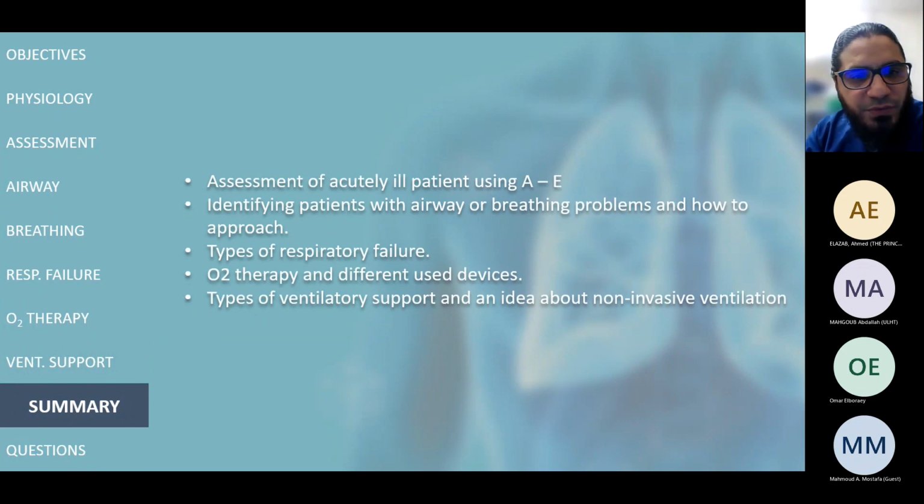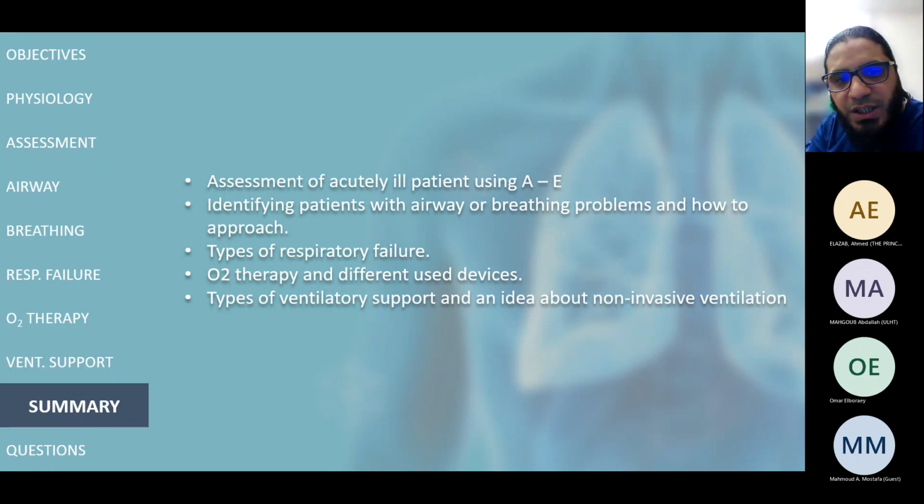Now I'm coming to the end of our lecture today with a brief summary. We talked about how to assess an acutely ill patient using the A to E approach, identifying the problems and treating them before moving to the next step. We have given an idea about how to identify a patient with an airway problem and a breathing problem and how to approach them.